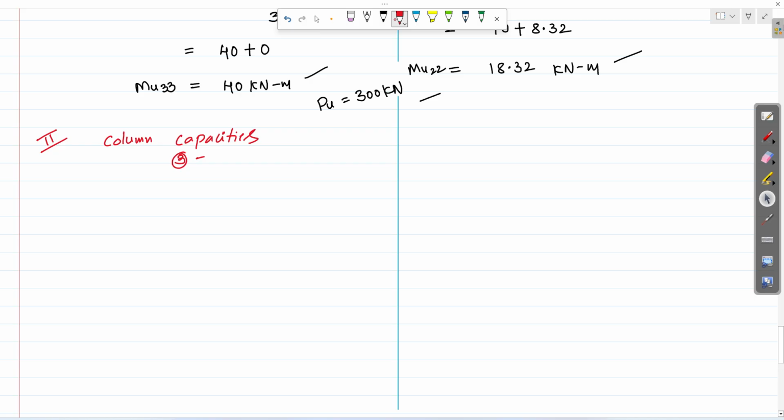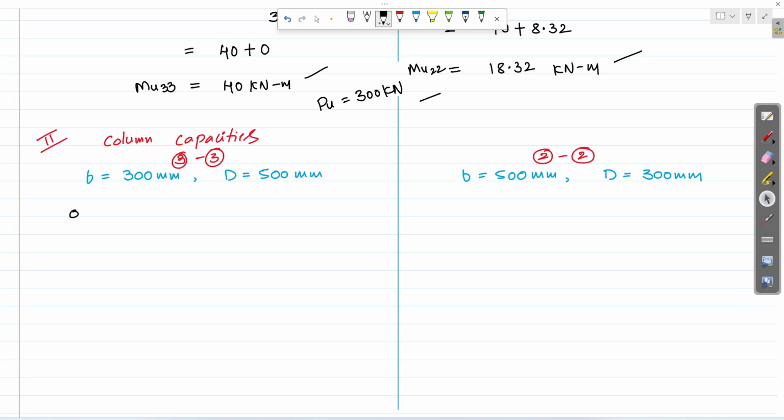So this is about 3 3 and this is about 2 2 axis. So for 3 3 axis, B will be 300 mm and D will be 500 mm. Here B 500 mm whereas D 300 mm.